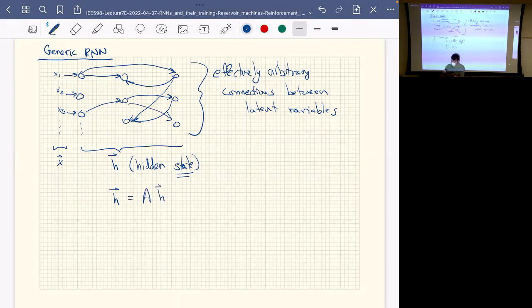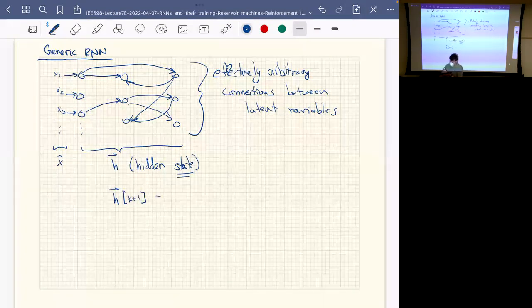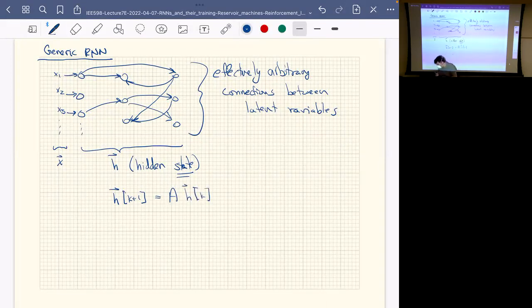I guess I should separate these in time. So the next value of the hidden state is going to be some matrix times the current value of the hidden state in part, but then it's also going to be a function of the input.